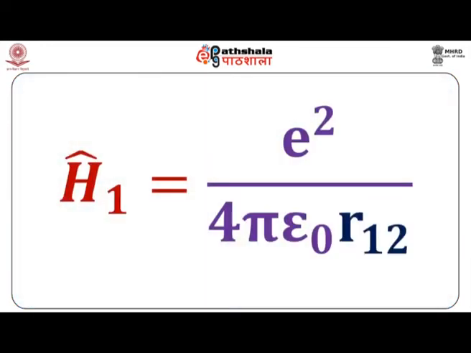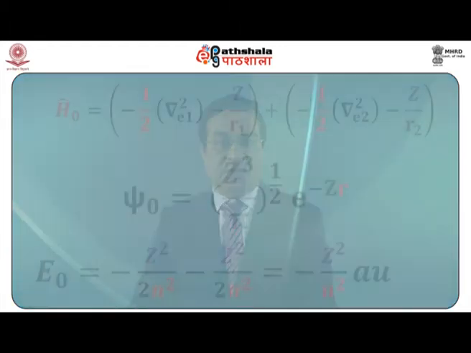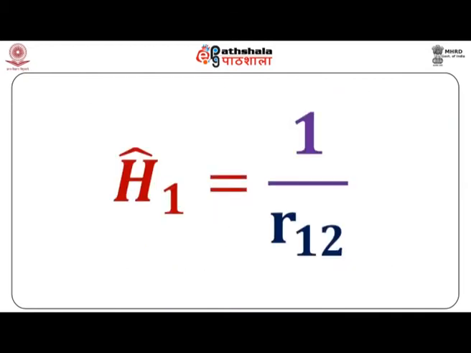That means H1 cap is equal to e square upon 4 pi epsilon 0 r12. It is also important to see that if we use the atomic units about which we just mentioned, the corresponding equations which we have already studied will assume a very simple form, and the first order correction to the Hamiltonian becomes 1 upon r12.